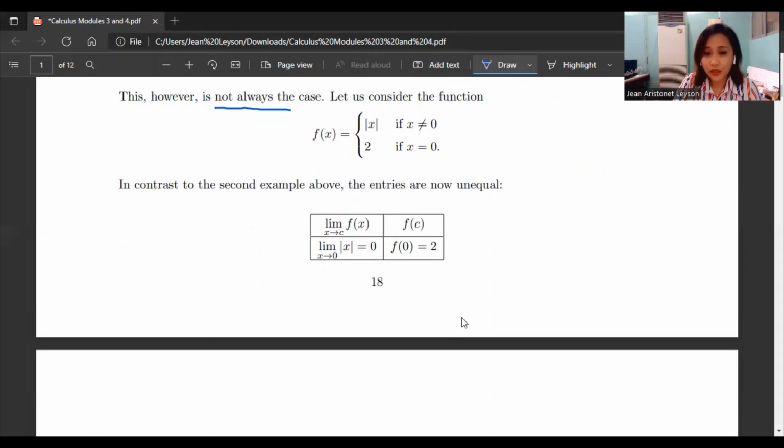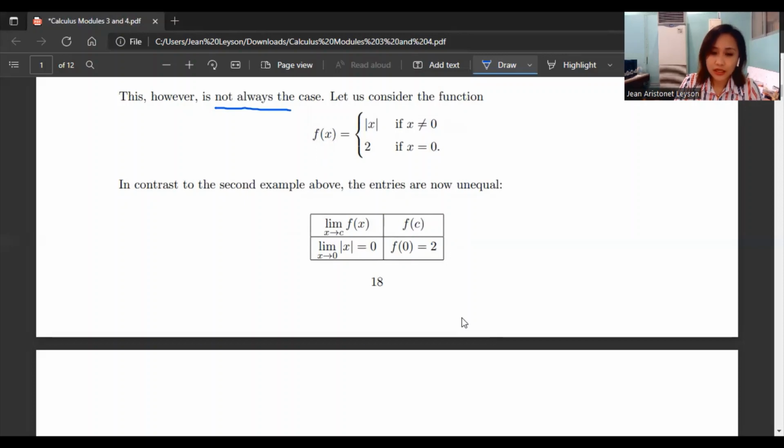f of x is equal to the absolute value of x if x is not equal to 0, and 2 if x is equal to 0. So in contrast to the second example above, the entries are now unequal.